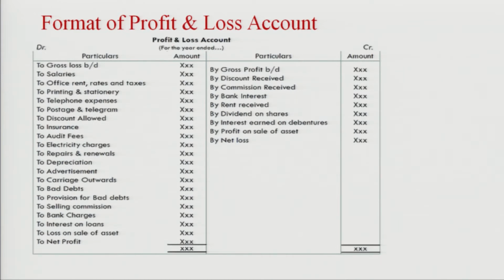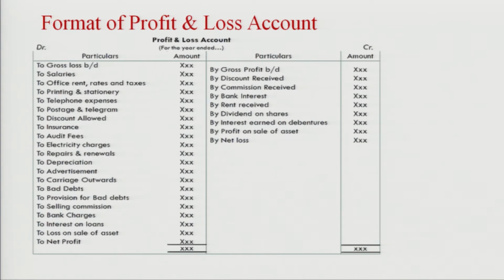Now, come to the other side, the receivable side or credit side. Gross profit is the first. So, transfer the gross profit from the trading account to the profit and loss account, and add discount received, if the company receives any kind of discount while trading, any commission, any bank interest, any kind of rent, or dividend on shares.